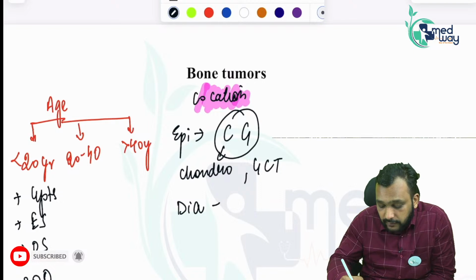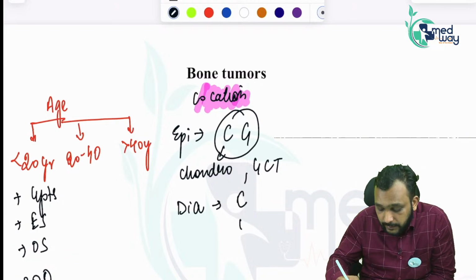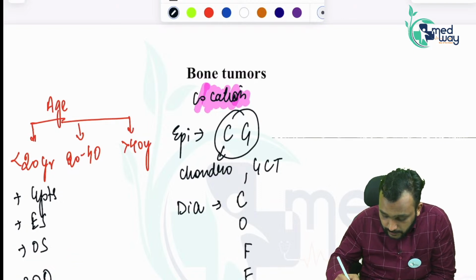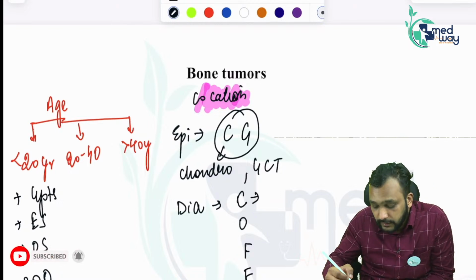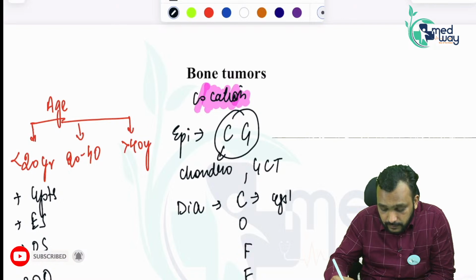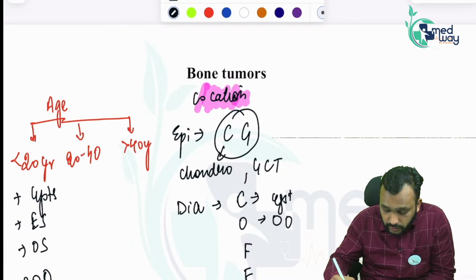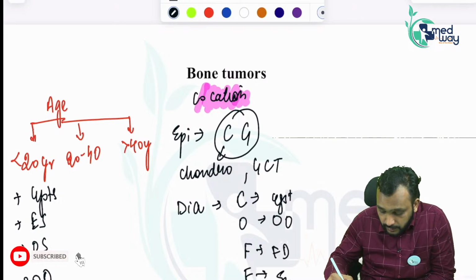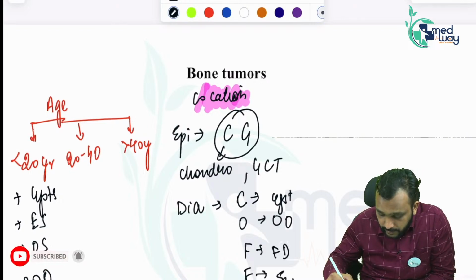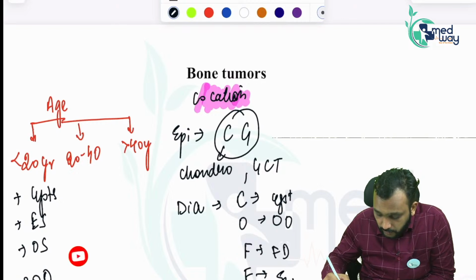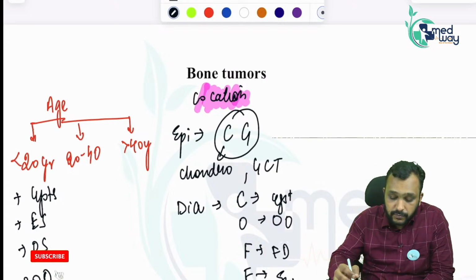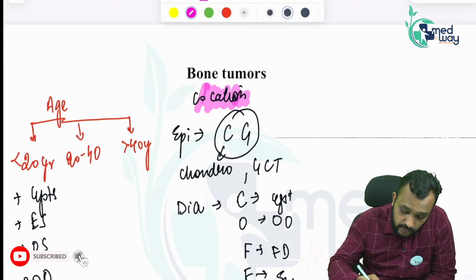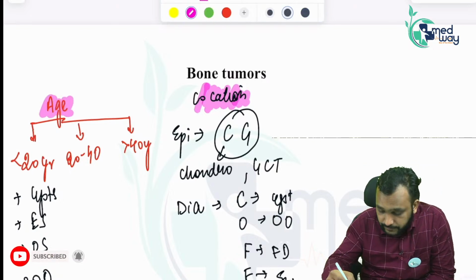Tumors common in the diaphyseal location can be remembered with a simple mnemonic, that is COFFEE, right? So C for cyst, O for osteoid osteoma, F for fibrous dysplasia, E for Ewing sarcoma, and E for enchondroma, right? So these are tumors which you should remember based on their location.